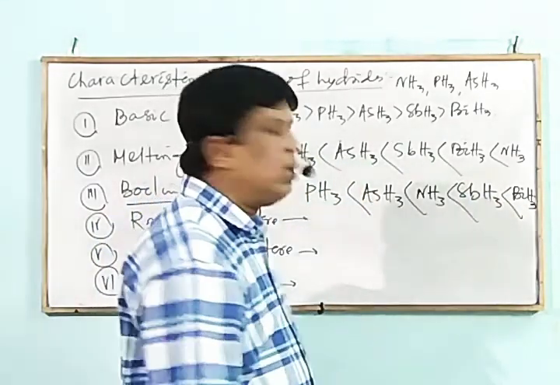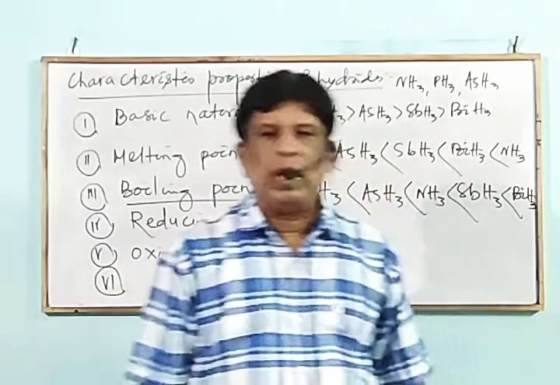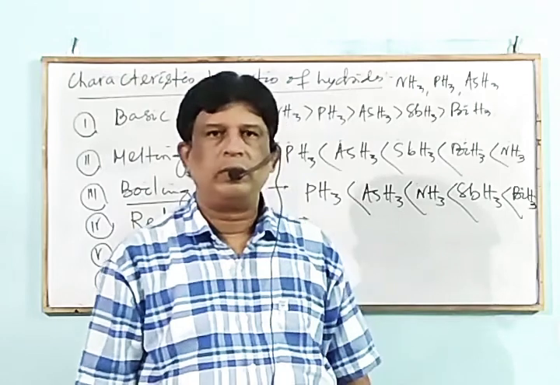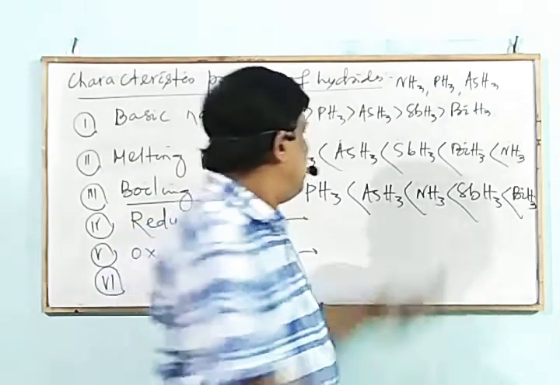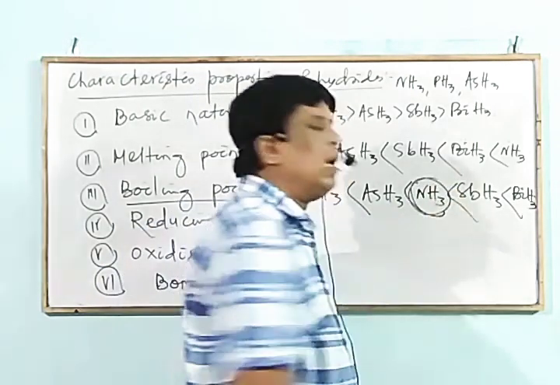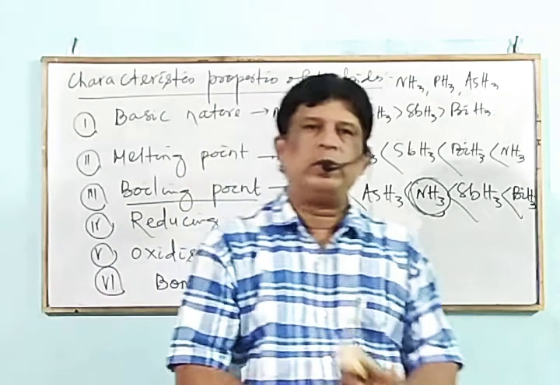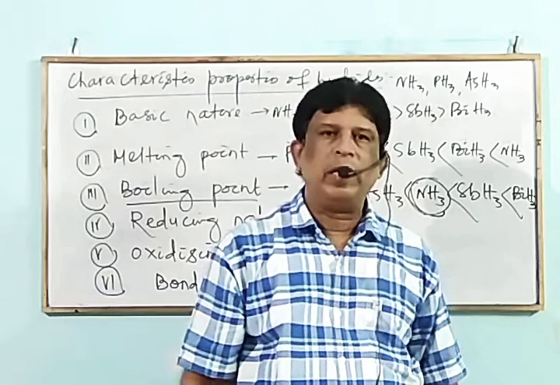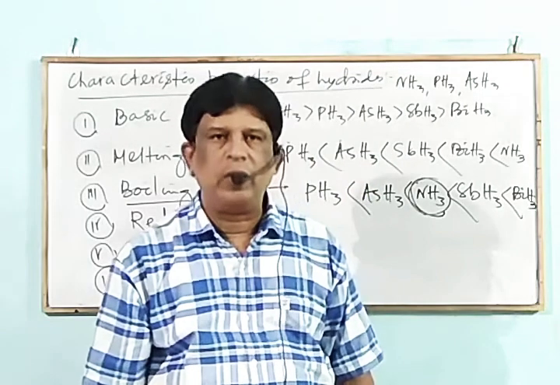I repeat again, boiling point increases regularly from phosphine to bismuth. However, ammonia possesses a higher value of boiling point due to small size, higher electronegativity, and intermolecular hydrogen bonding.